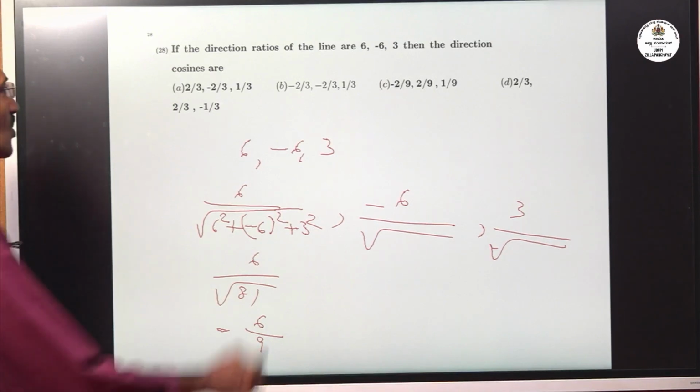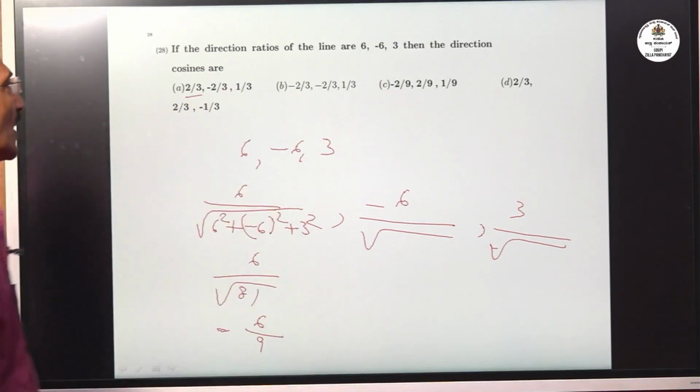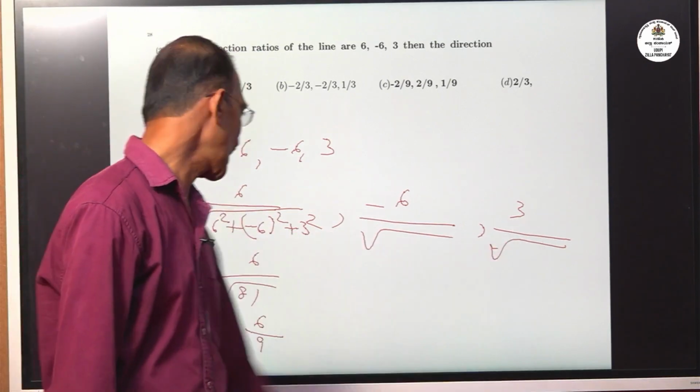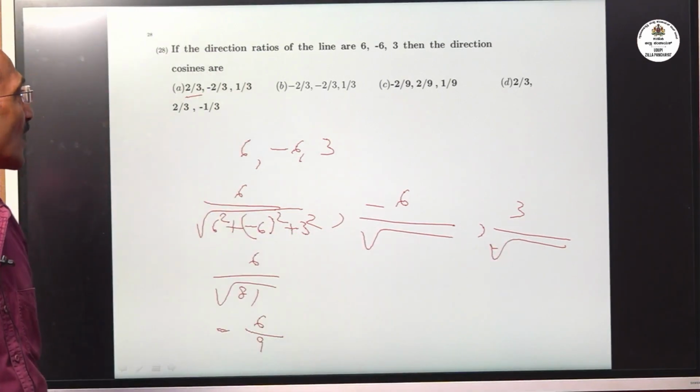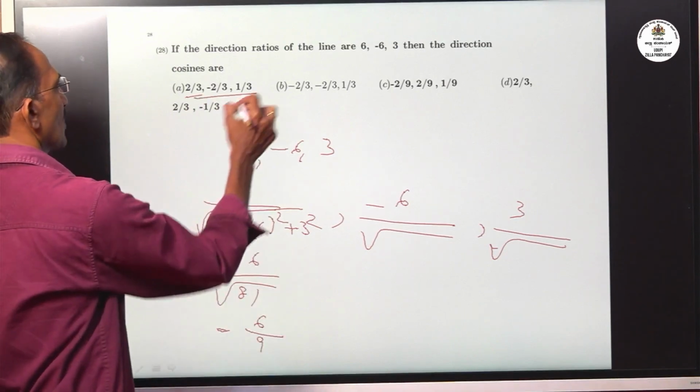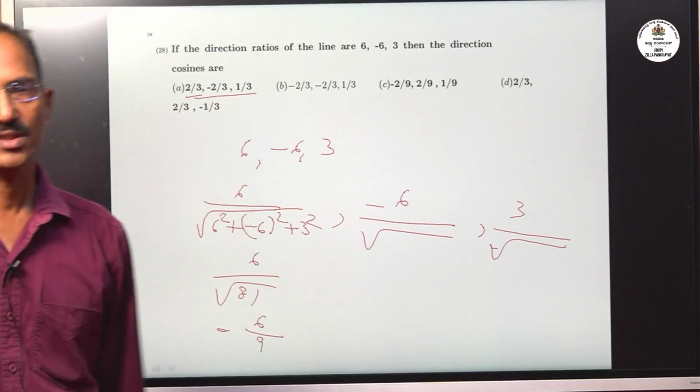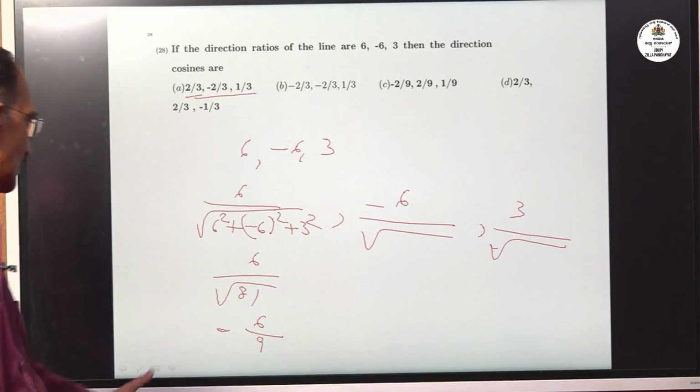So clearly 2 by 3 is here, next one is -6 by 9, so minus 2 by 3, and the last one is 3 by 9, which is 1 by 3. So the first option is the right answer for the direction cosines.